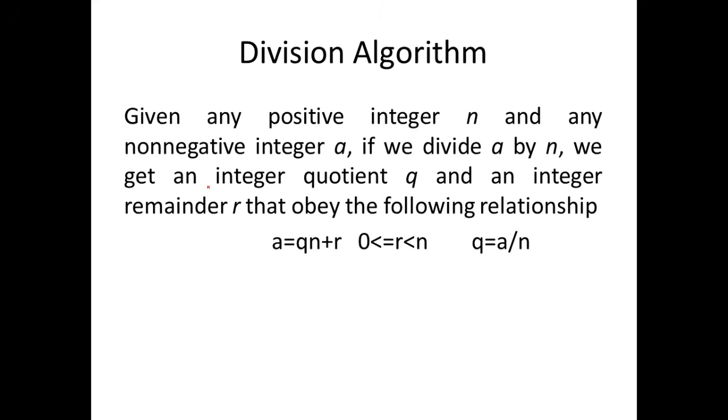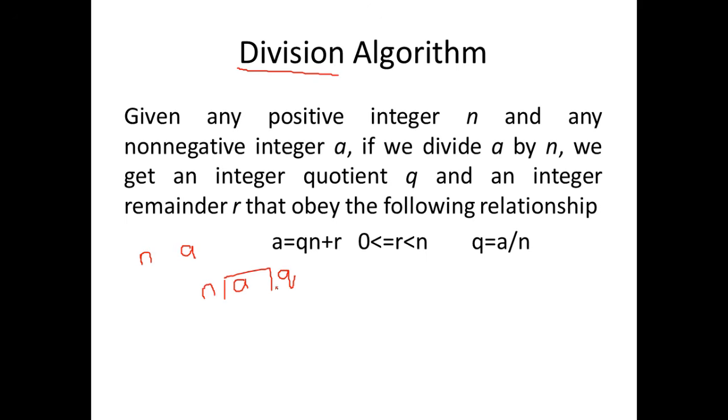We are now venturing into another very important concept in number theory, modular arithmetic. And it is very important you understand the fundamentals of modular arithmetic to understand much of the algorithms in the later sections. Before even going in depth into modular arithmetic, let us understand the division algorithm. A division algorithm is a pretty simple basic algorithm. For instance, let's say we have two integers n and a, and you're going to divide a by n.